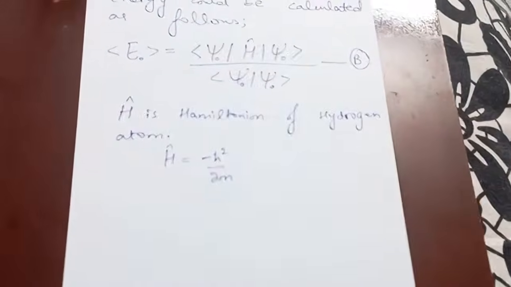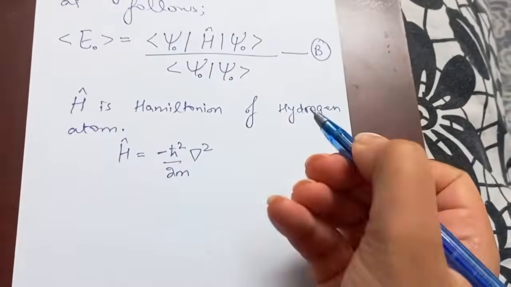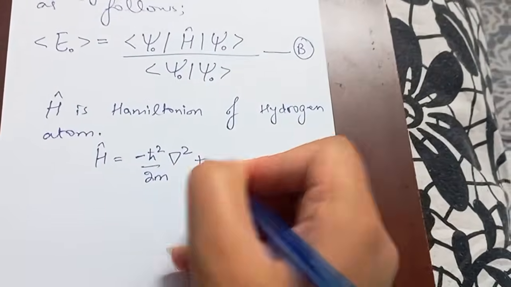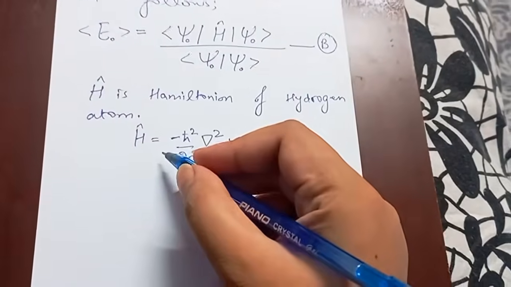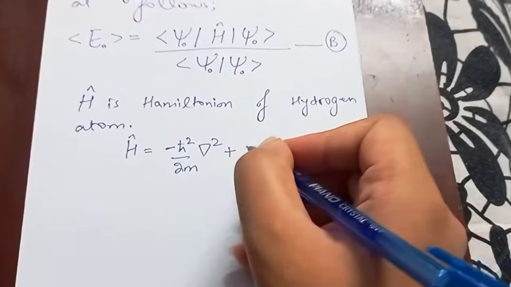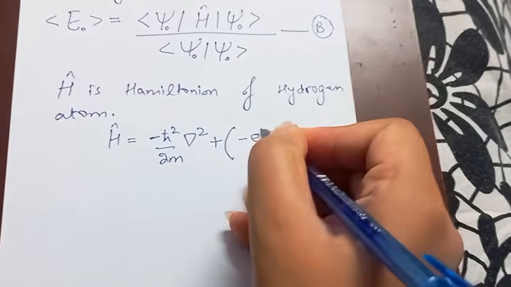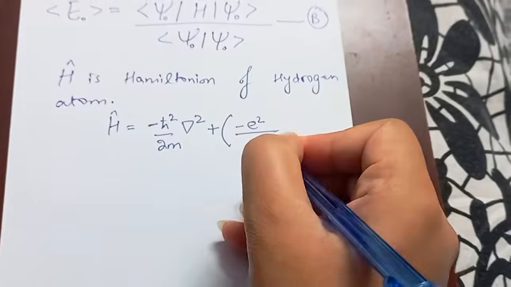Since it's all about the single electron that the hydrogen atom has, del square plus the potential energy. The potential energy the electron has with the nucleus will be negative because it's attractive. That is why we'll use minus e square by r.